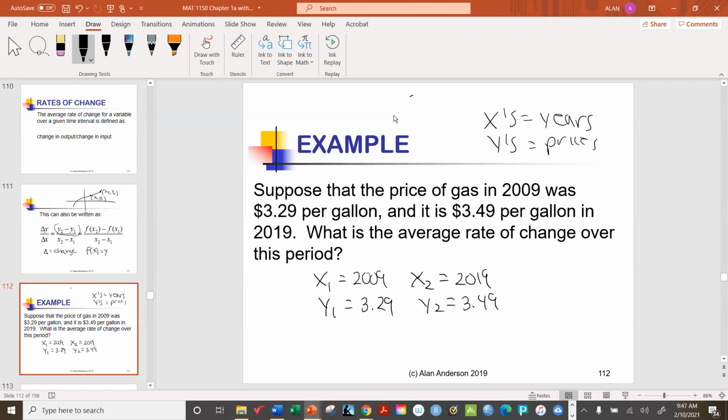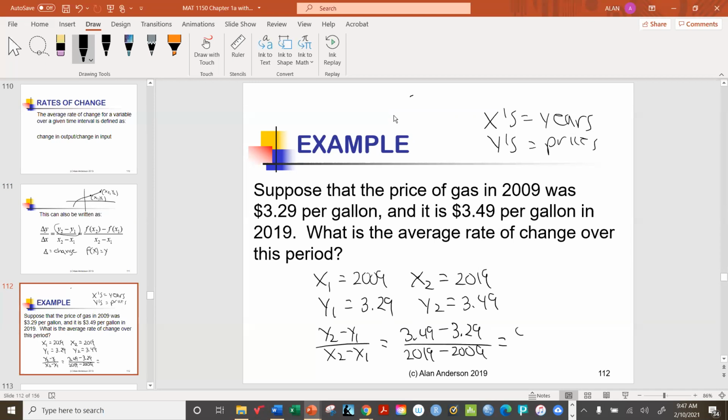So basically, all we're interested in is the change in one variable with respect to the other variable. So if you plug it in like this, the difference in the prices, sorry, it's 349 minus 329. The years are 2019 minus 2009.